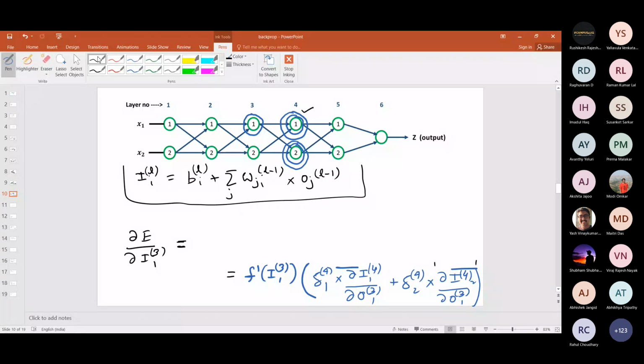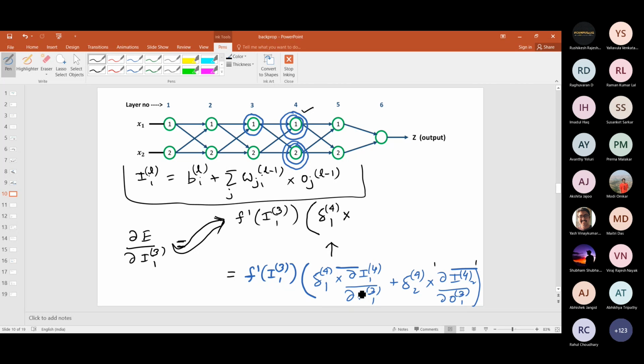From here to here I'm going up, so this expression will become f dash I31, the same common part, then delta 41.